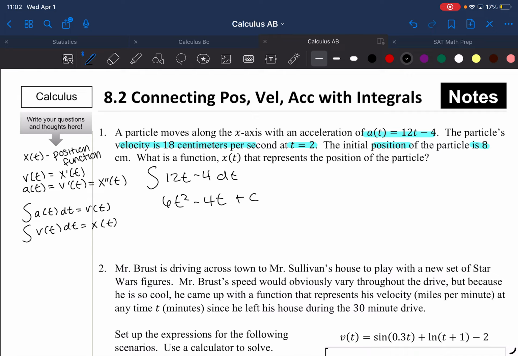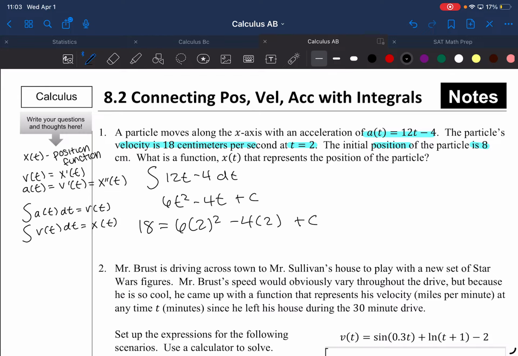Then, using the initial condition they gave us for velocity, since this is the velocity equation because it's the integration of acceleration, we know that the velocity is equal to 18 when time t is equal to 2. So I have 18 is equal to 6 times 2 squared minus 4 times 2 plus c. That condition is important because now we're able to find c.